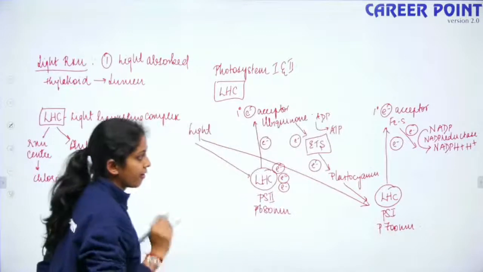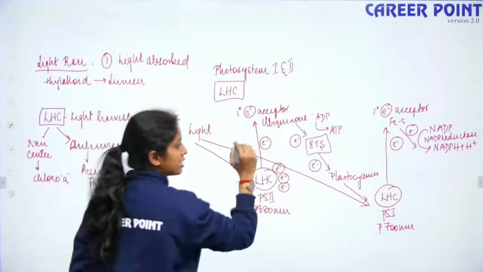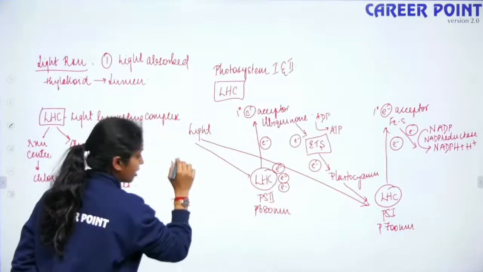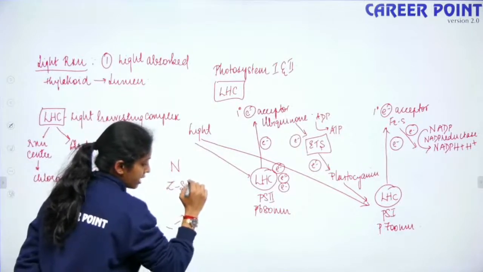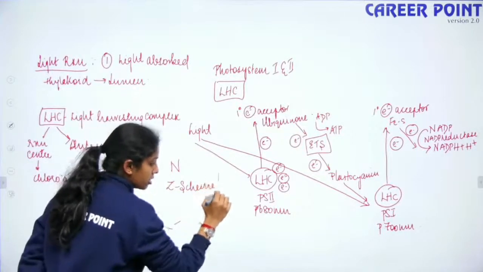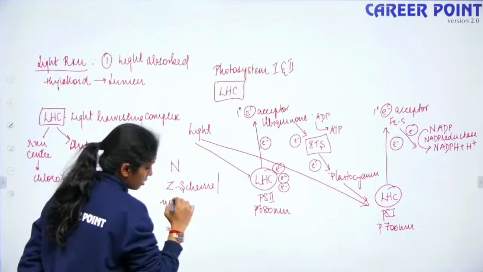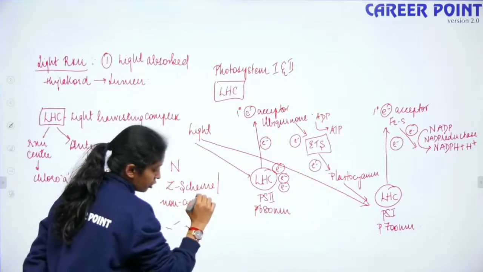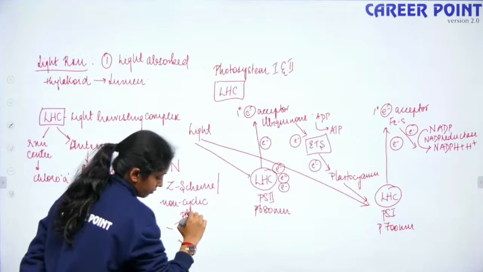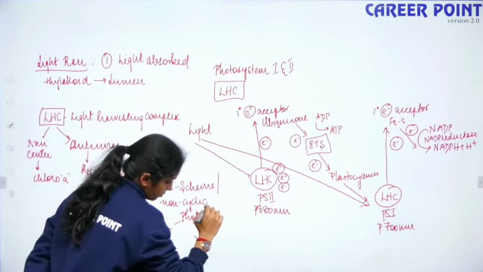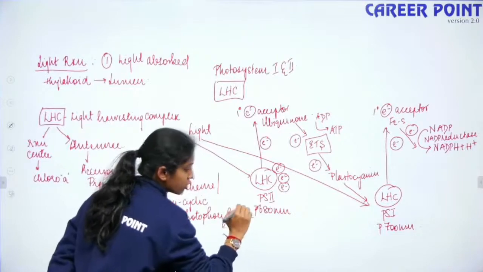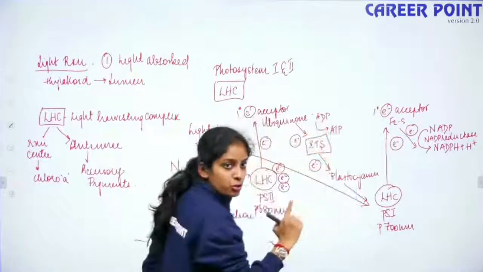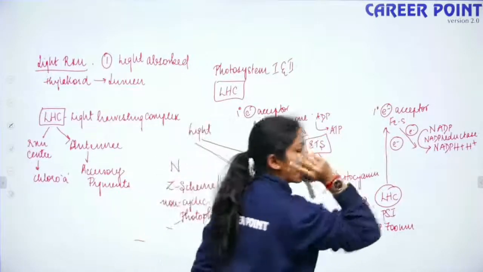Since this looks like a Z, this is called the Z scheme. This is also called non-cyclic photophosphorylation, because the electrons are not cycling back to the same position, but keep moving forward.